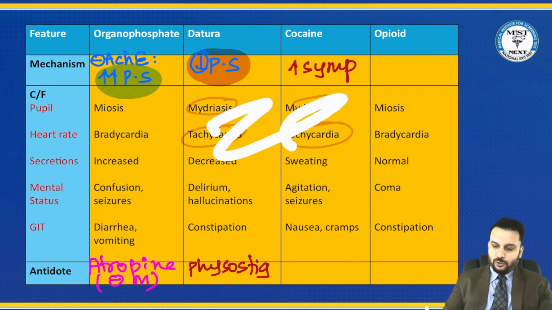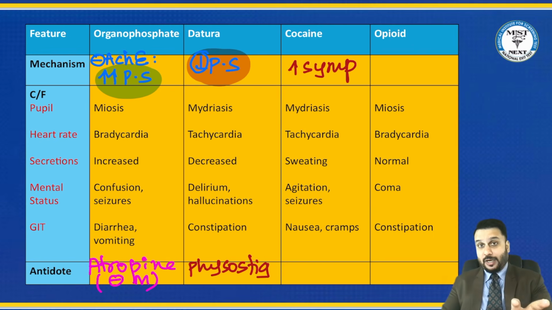So you must know, whenever a patient comes with mydriasis, either parasympathetic is less, in which case the patient comes with the opposite of DUMBBELS, or sympathetic is more. Then you still get mydriasis, but there might be other things like more BP, etc. So this is your cocaine. Cocaine is more about symptomatic treatment that you have to give. We have to reduce the sympathetic activity, depending on the features.